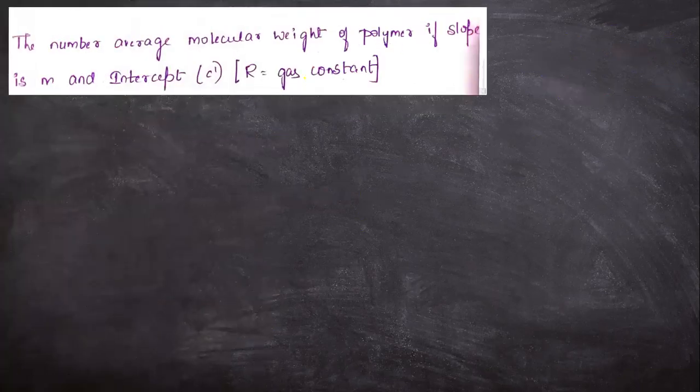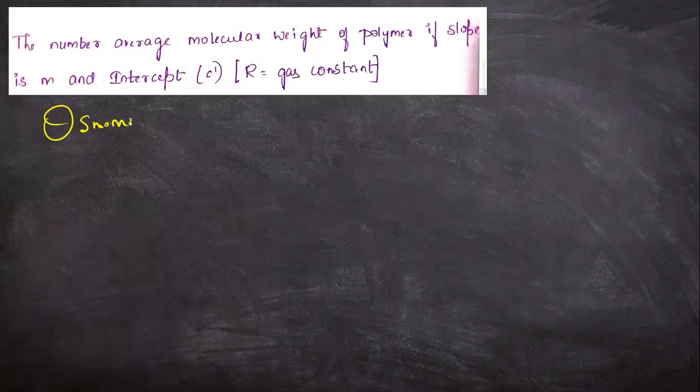The number average molecular weight of a polymer, if slope is m and intercept is this much. They are asking number average molecular weight. So what is the method of determination? How will we determine number average molecular weight? Experimentally, through the osmometry method.